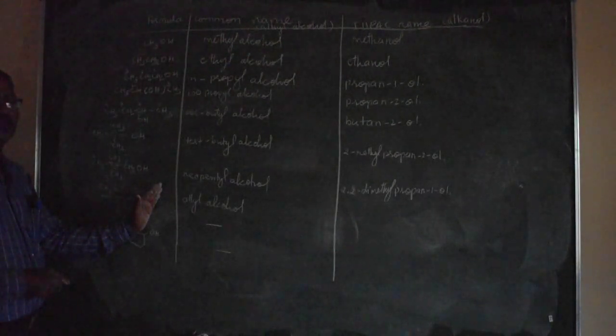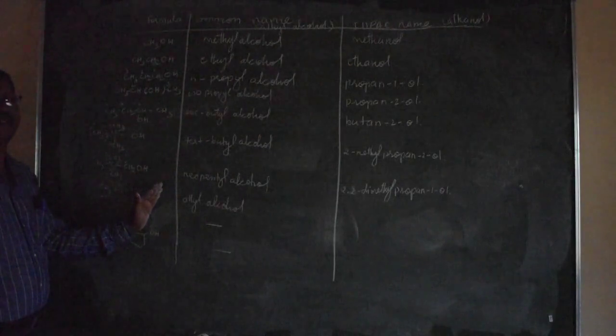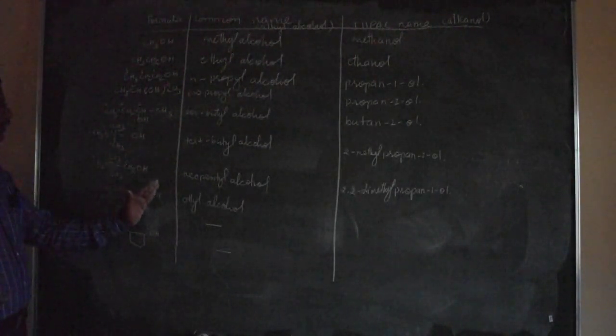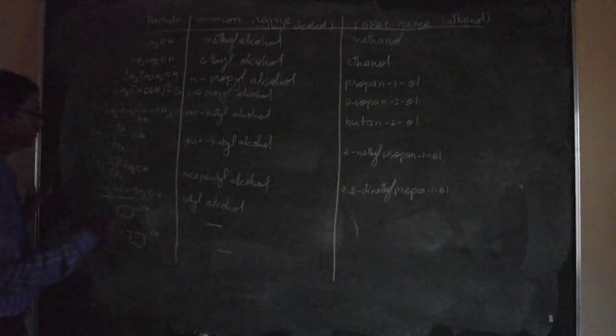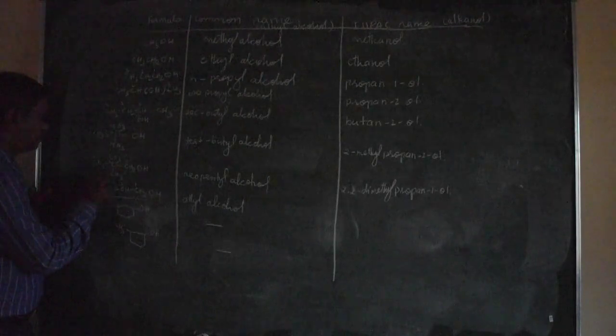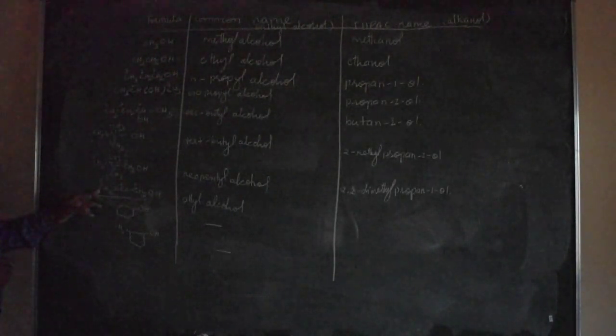According to the priority order, OH comes first, then the double bond. So it must be OH. That means you number from this carbon: first, second, and third.